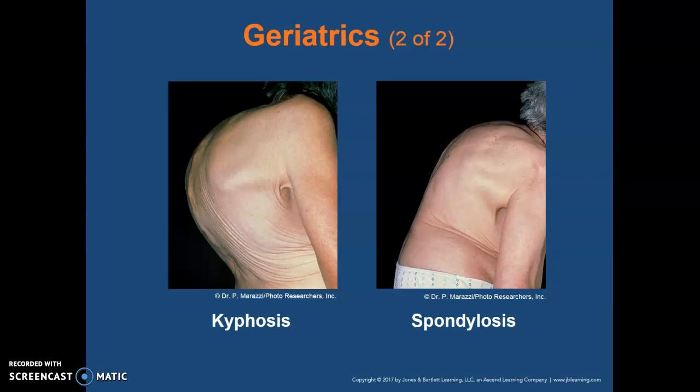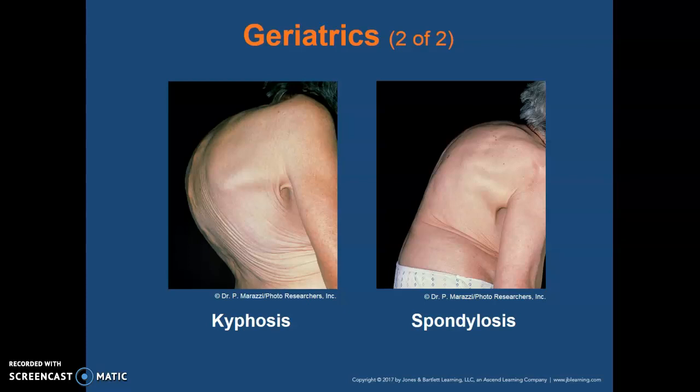Spondylosis. This is the curvature of the spine a little bit, but in a different way. The spines on the back of each of their vertebrae become very prominent and can break off pretty easily.